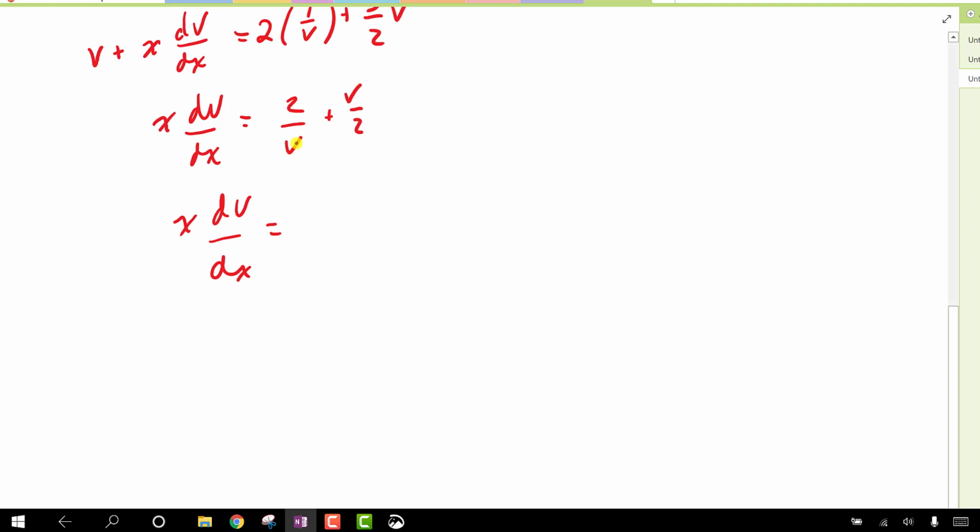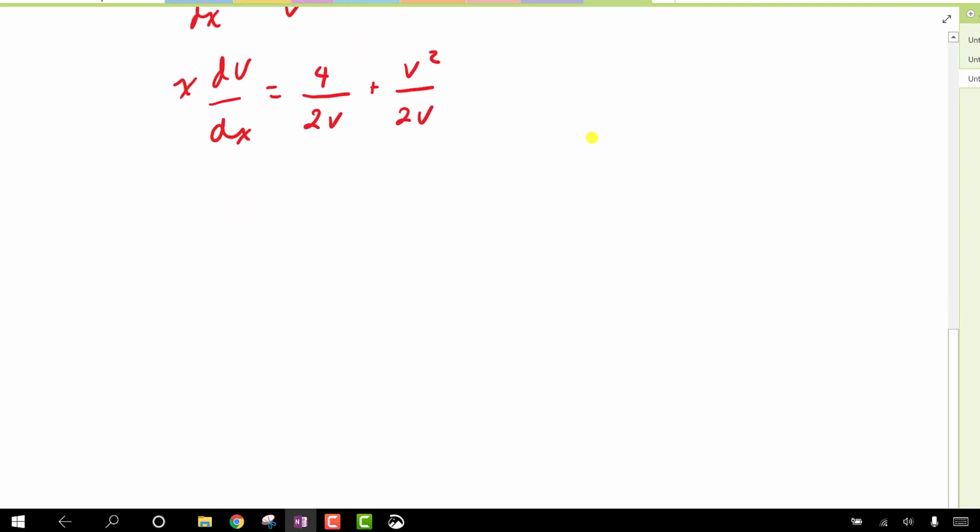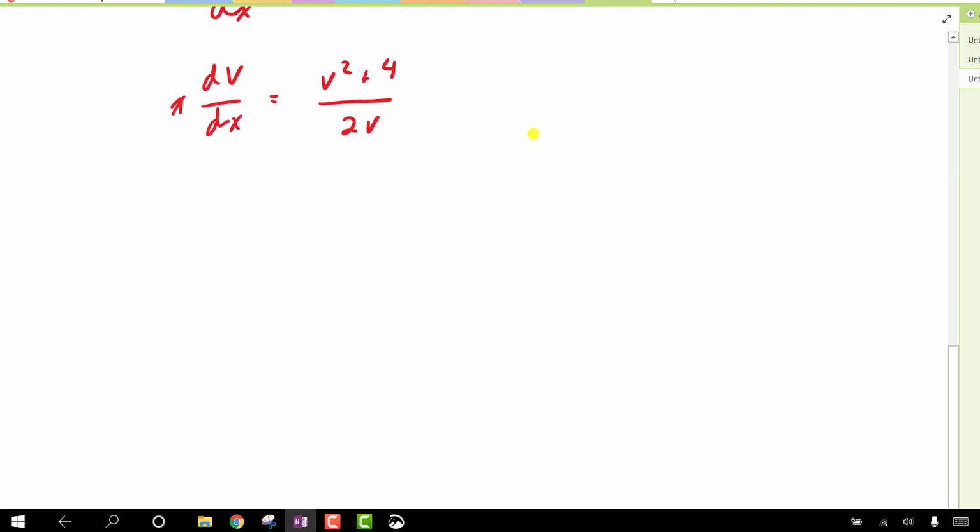So I need a common denominator of 2v. That's equal to 4 over 2v plus v squared over 2v. So now we can write that as a single fraction. On the right hand side, we have (v² + 4) over 2v.